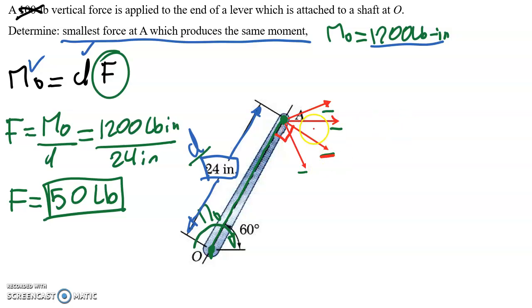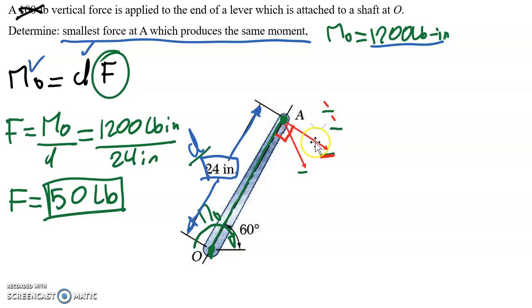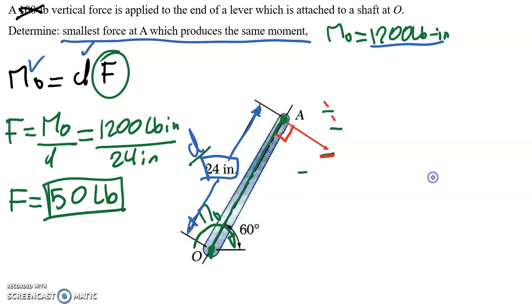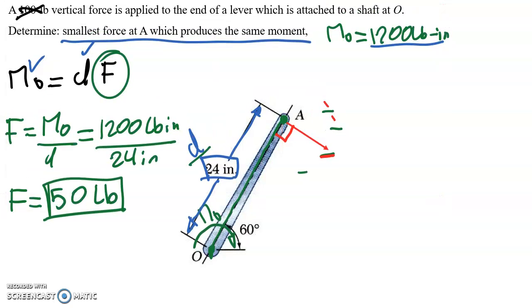So we can just erase the others, leaving us with something like that.